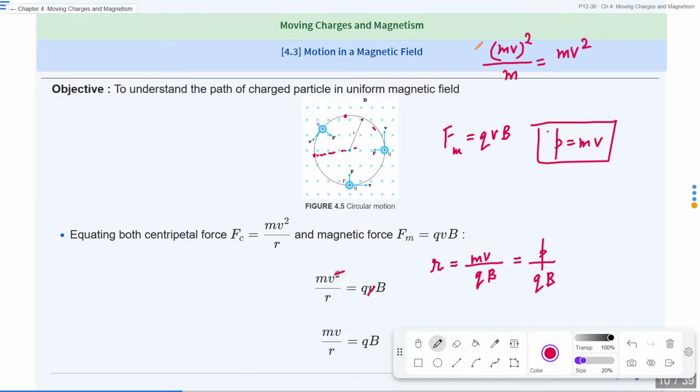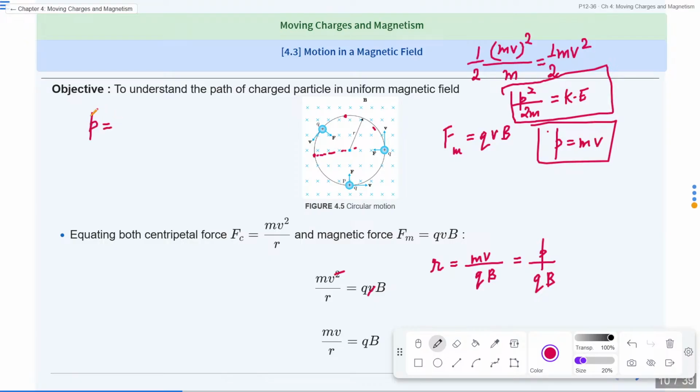If you multiply by 1 by 2 on both sides, on the right hand side you get kinetic energy, and on the left hand side mv is p, so p square by 2m. So the relation between kinetic energy and linear momentum is p square by 2m equal to kinetic energy.